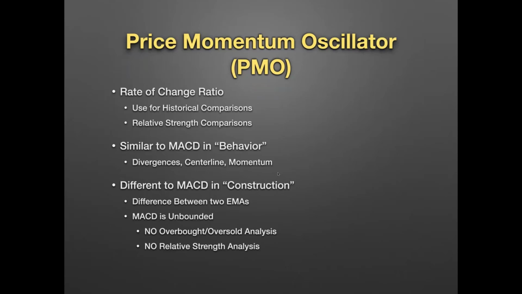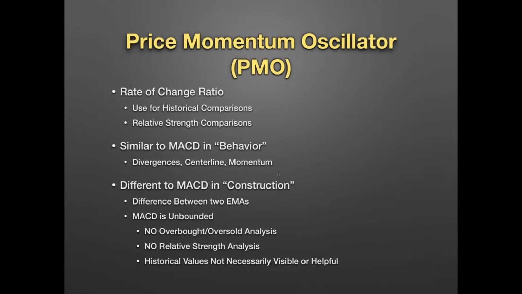You can't compare the MACD value of one stock to another and make some kind of comparison as to which one is stronger. You can use the PMO for that. And the historical values, when you move to weekly and monthly charts on the MACD, are terribly unhelpful. You can't necessarily see what's happened to the indicator.